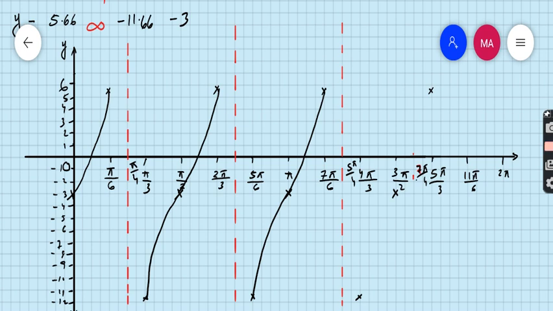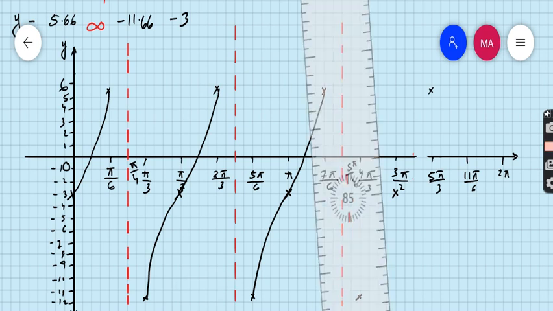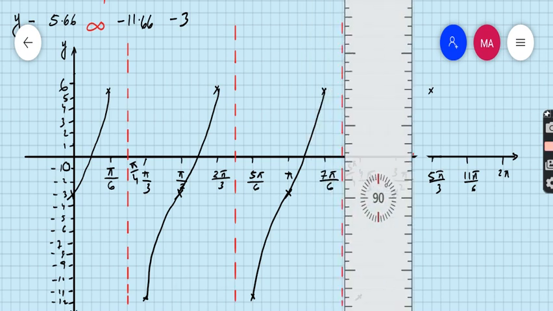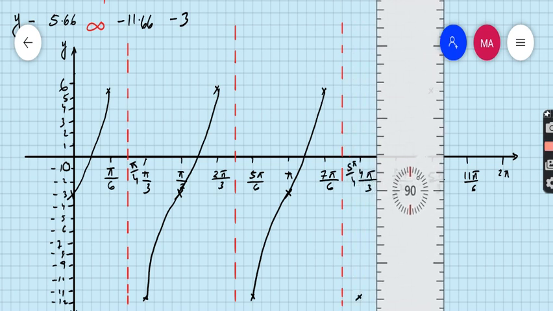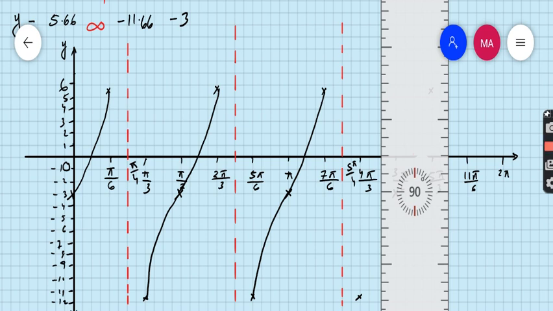Asymptote should be over here. Kindly accept my apology. 7 pi by 4 lies over here. Sorry for the inconvenience.